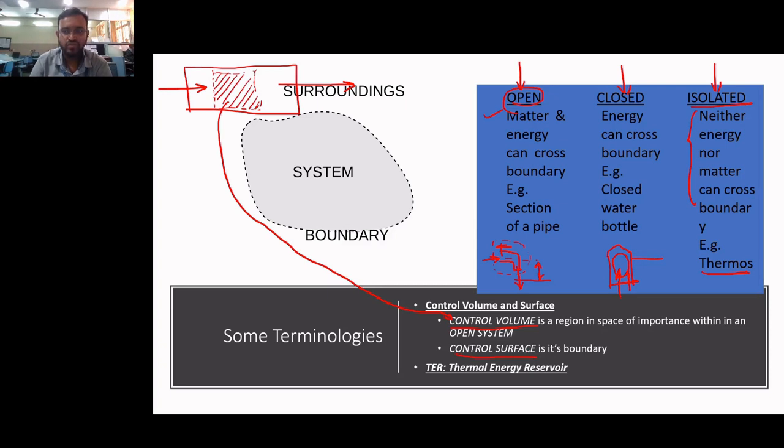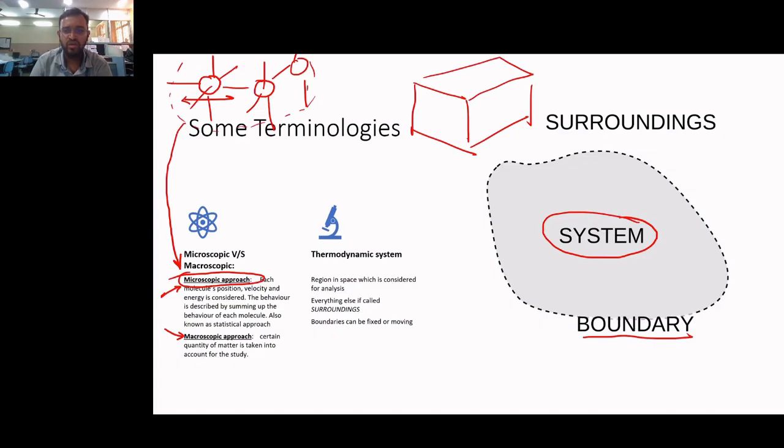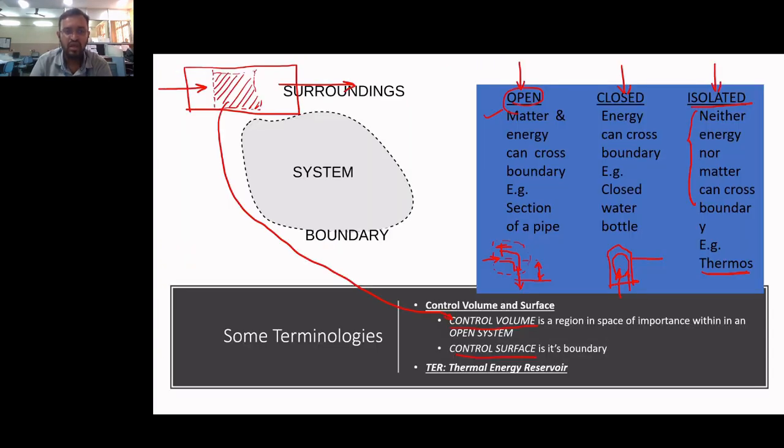All right, so far what we have talked about is the macroscopic and microscopic approach. We have talked about the definition of system and surroundings, along with the boundary, and we have also talked about the universe, where system plus surroundings is equal to the universe.